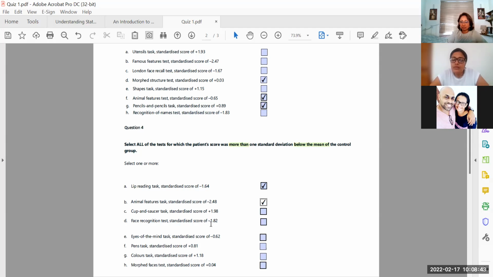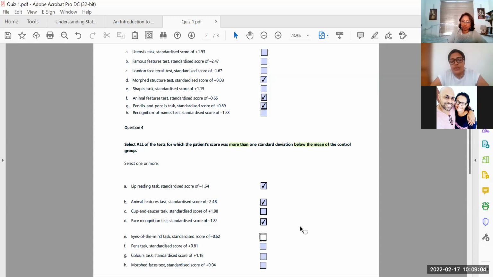Face recognition, minus 1.82. Yes or no? Yes. Next task, minus 0.62. Is it more than one standard deviation below the mean? No, because it's only 0.62.